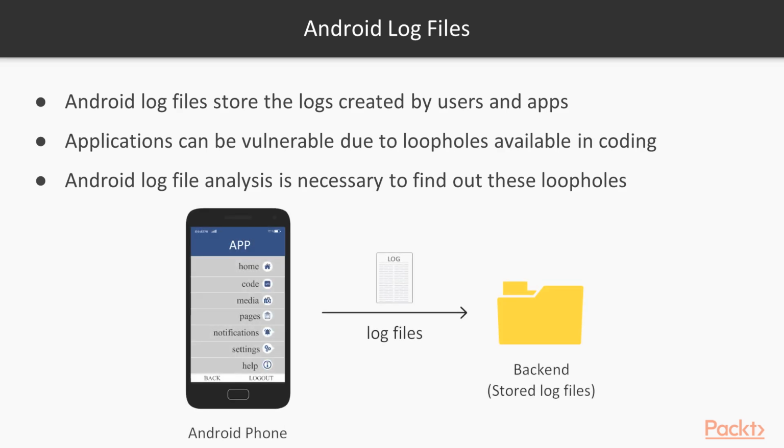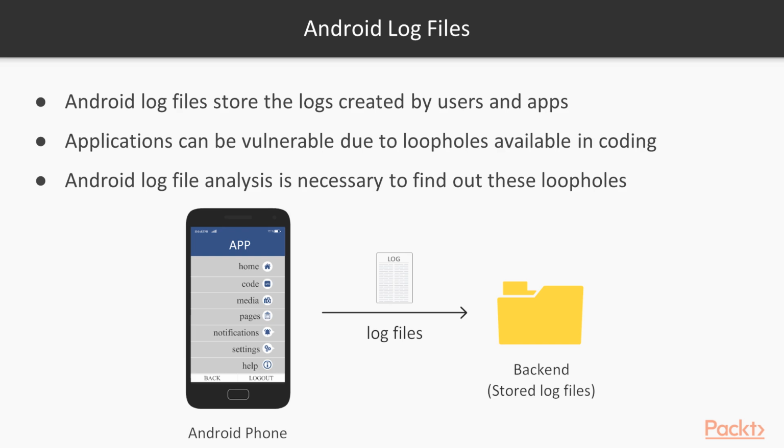Basically, this is, for example, an Android mobile phone, and this is the backend. This is the log file. So if a user opens whatever apps inside the Android mobile phone and does other work inside Android, it creates some logs, and the logs are saved in the backend.